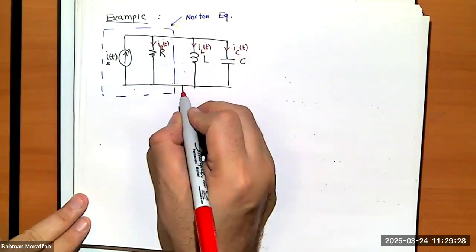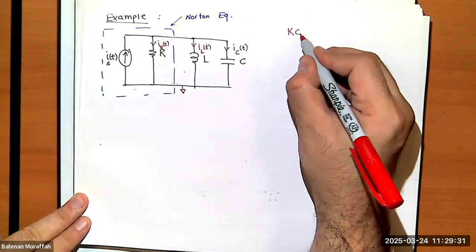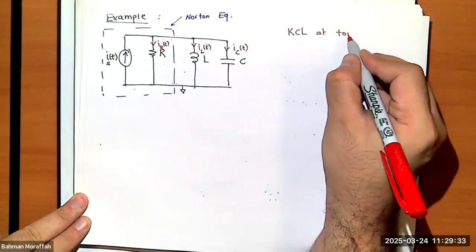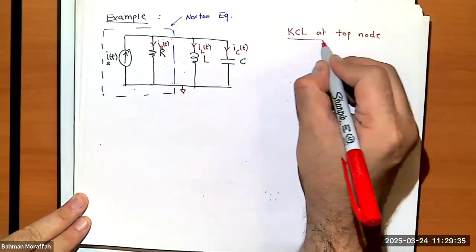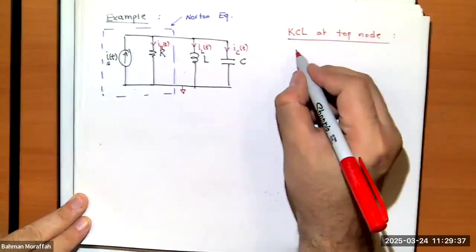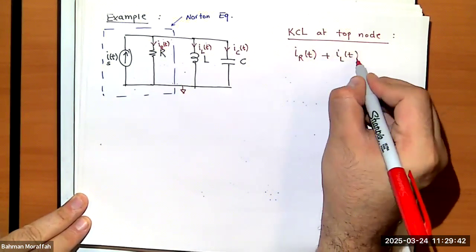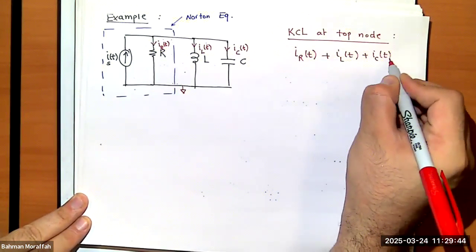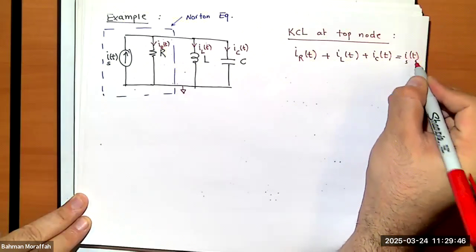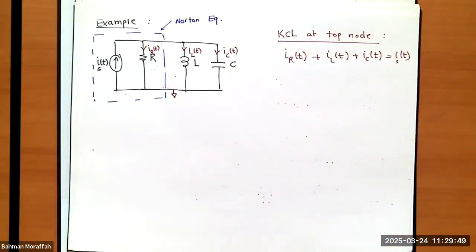Do you agree if I write a KCL at the top node, I have this equation, IR of t plus IL of t plus IC of t equals Is of t? Do you agree with that? Whatever current I have going in must be the same as the current that's going out. Right?